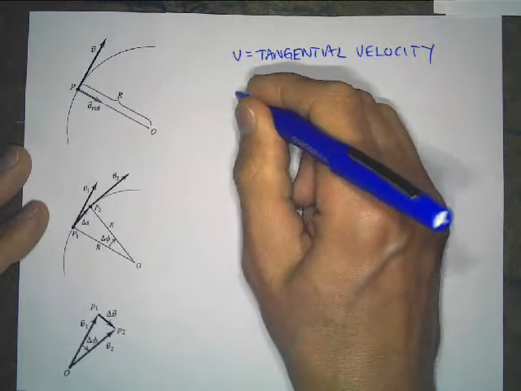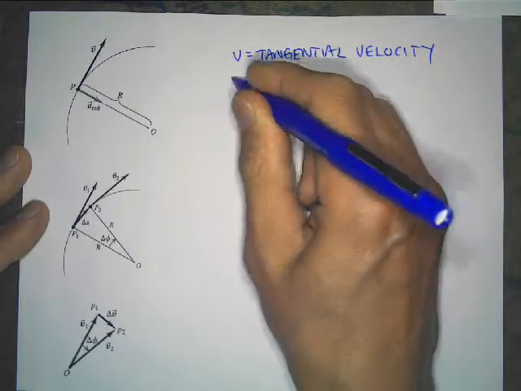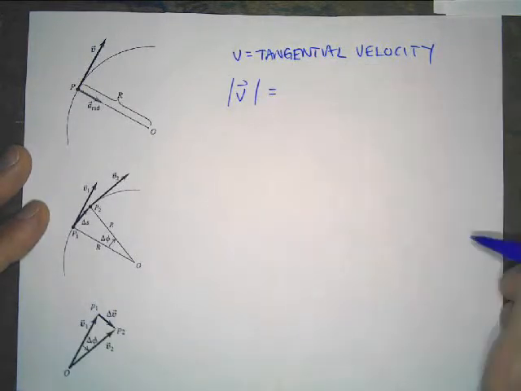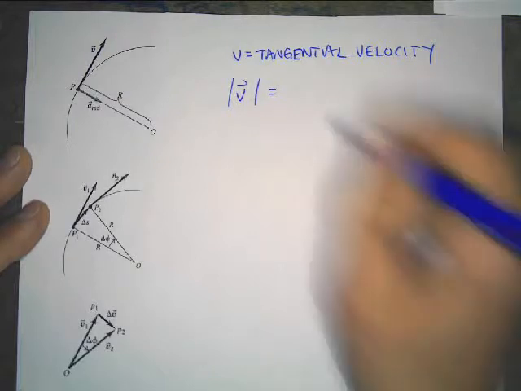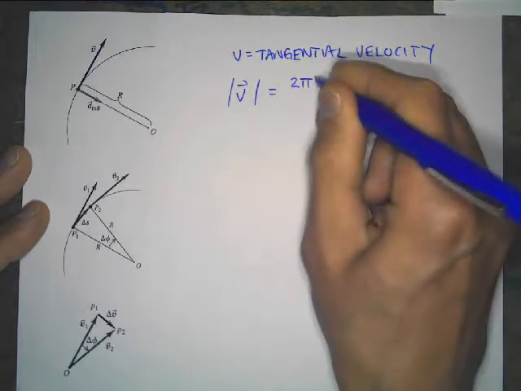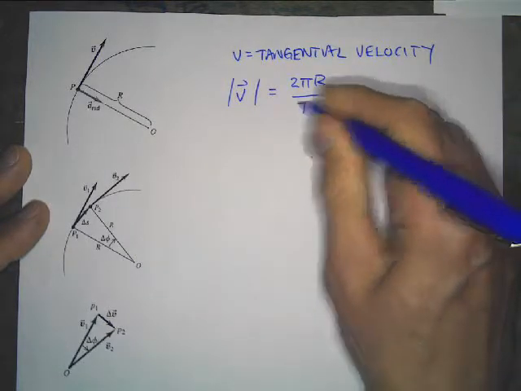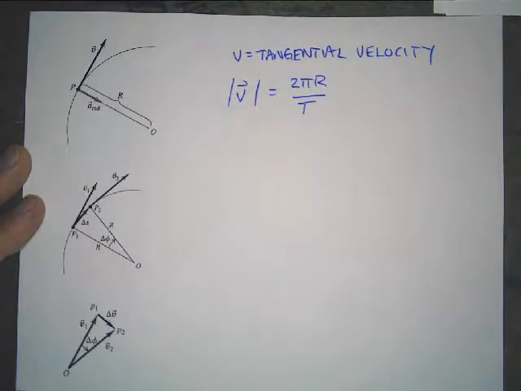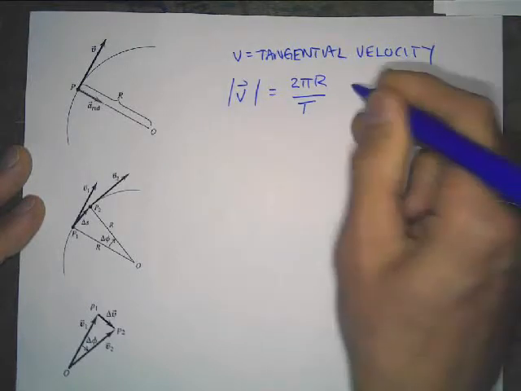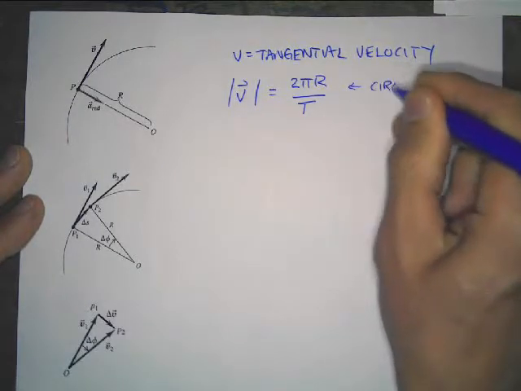So you can find its magnitude, how fast the object is moving, by taking the circumference of the circle and dividing by the period, the time it takes for the object to drive around it. Okay, so this is your circumference.